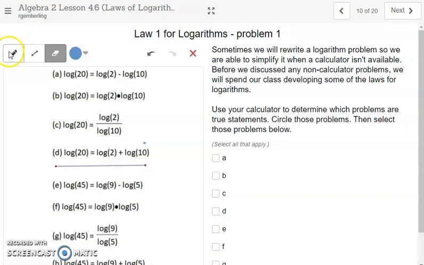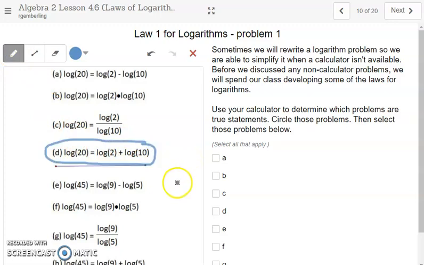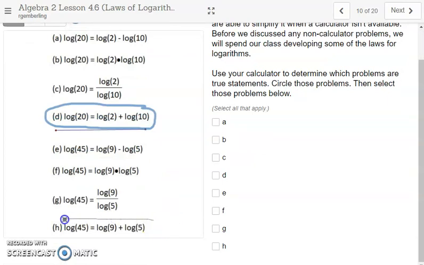So hopefully you determined in the first one that letter D actually worked. That log of 20 is equal to log of 2 plus log of 10. And on the bottom set, hopefully you also determined that the bottom one also worked. Log of 45 is equal to log of 9 plus the log of 5.